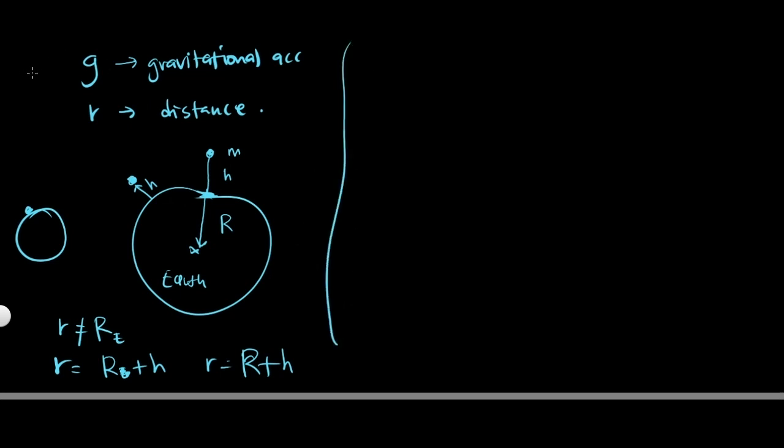Since you are familiar with the symbol g for the gravitational acceleration on Earth, to make it easier for you we will use g apostrophe as the gravitational acceleration generally.